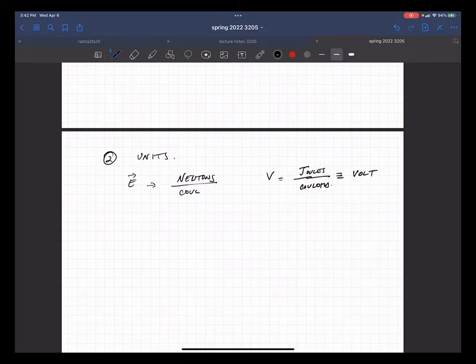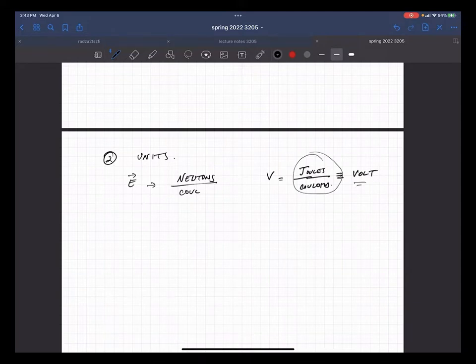One way to think about that is if you had, say, a 4 volt potential difference between 2 points, and you took a coulomb of charge from one of those points to the other, you would have needed to put in 4 joules of work. So that's what this joules per coulomb means.